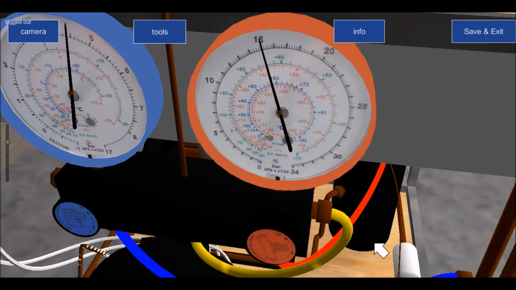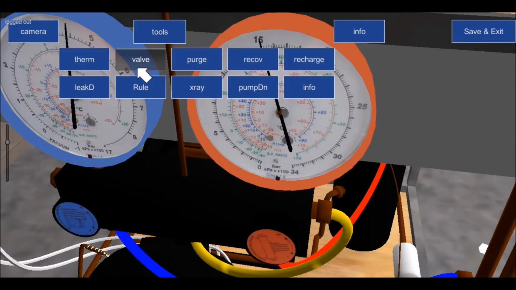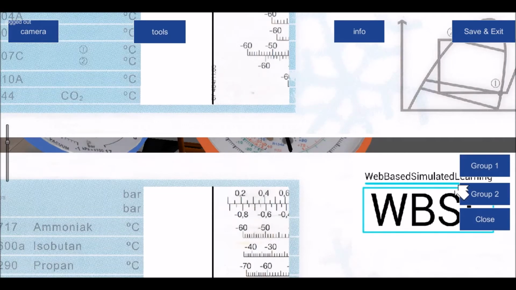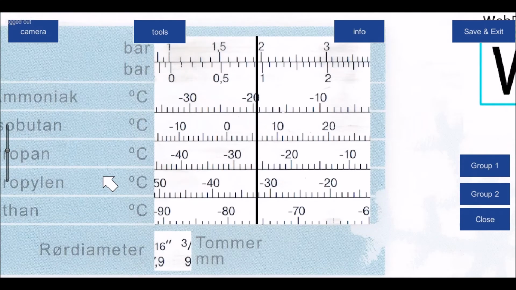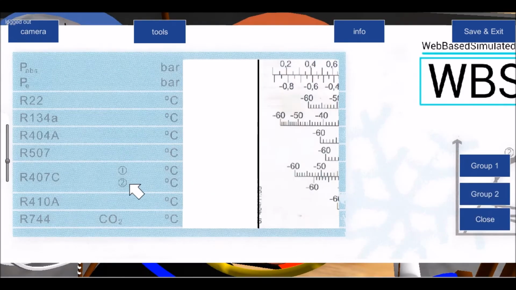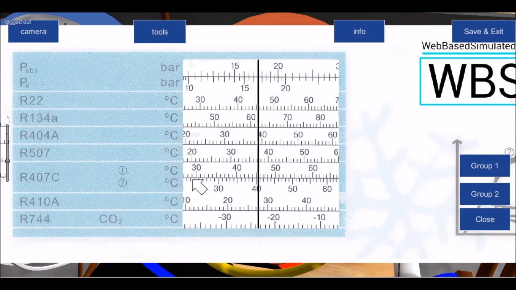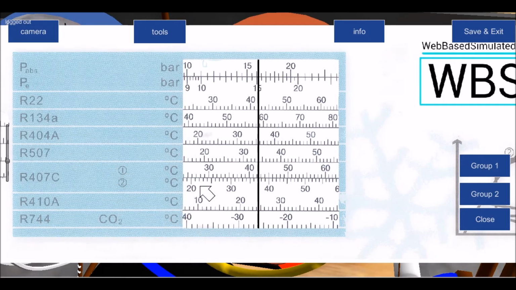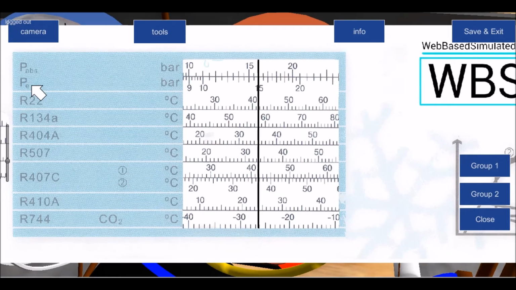Every refrigerant has its own pressure temperature relationship. That's why the slide rule that I have is exactly the same as the gauge manifold we're looking at. When I go to 15 bar, I'm going to gauge pressure, and remember the gauge pressure is 1 bar less than absolute pressure.